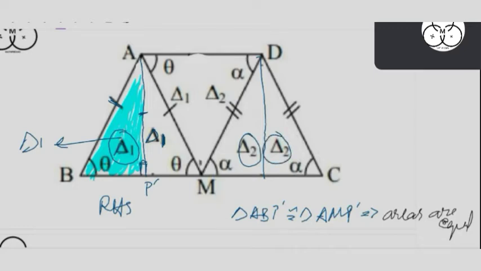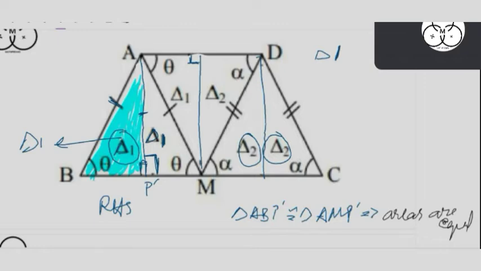Now the beautiful question. Drop a perpendicular here. This looks like a rectangle. This looks like a rectangle. Sides are parallel as well as this is 90 degrees. So this is a rectangle. Simply we will get the area of AMD as del 1.